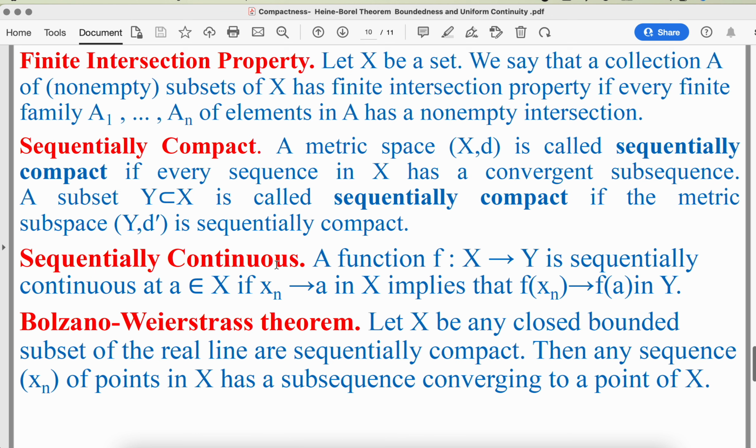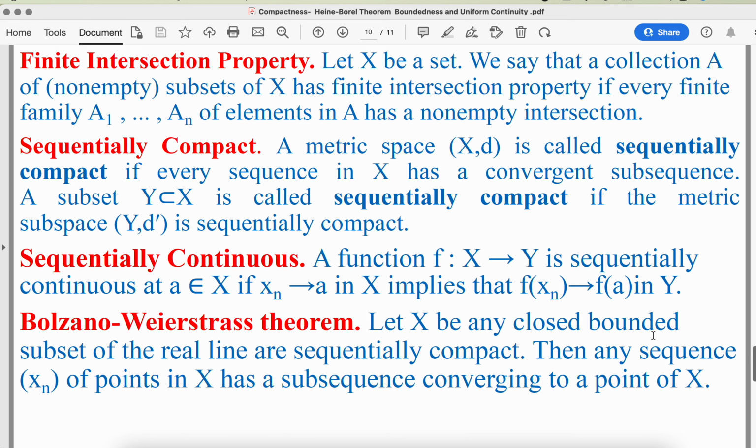Now sequentially continuous. A function f from X to Y is sequentially continuous at a belonging to X if x_n tending to a implies f(x_n) tends to f(a) in Y. x_n tends to a is in X and f(x_n) tends to f(a) is in Y, because f(x_n) is the image of x_n under f and f(a) is the image of a under f in Y. Now what is the Bolzano-Weierstrass theorem?